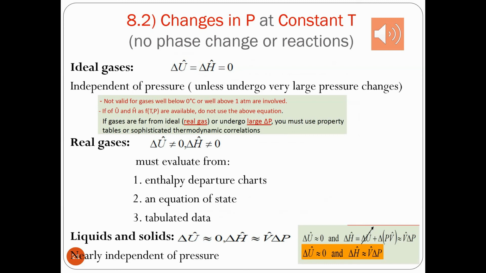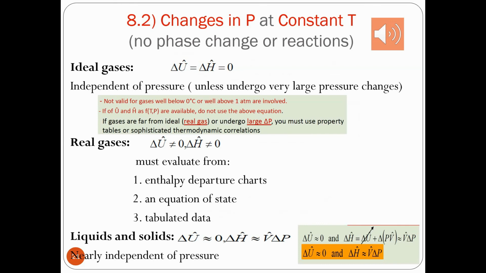Okay, but that is not valid for gases well below 0 degrees Celsius or well above 1 atm. So if your specific internal energy and your specific enthalpy at a given temperature and pressure are available, do not use the above equations.